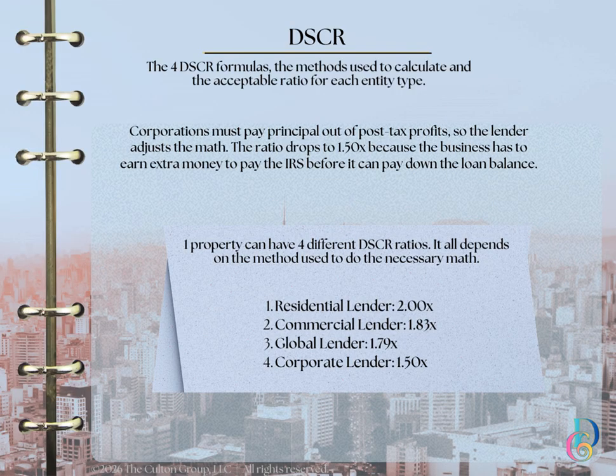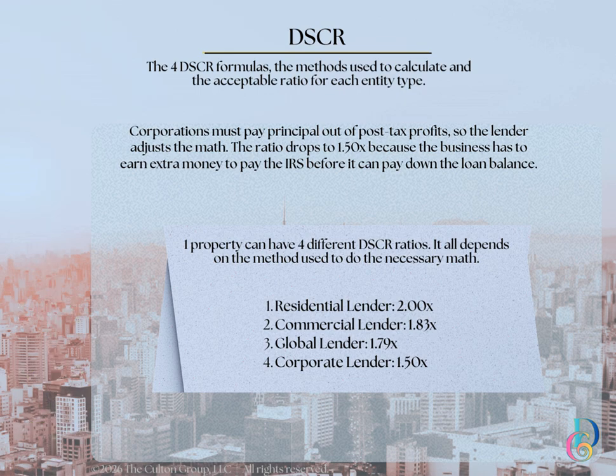Corporations must pay principal out of post-tax profits. So the lender adjusts the math. The ratio drops to 1.5 because the business has to earn extra money to pay the IRS before it can pay down the loan balance.